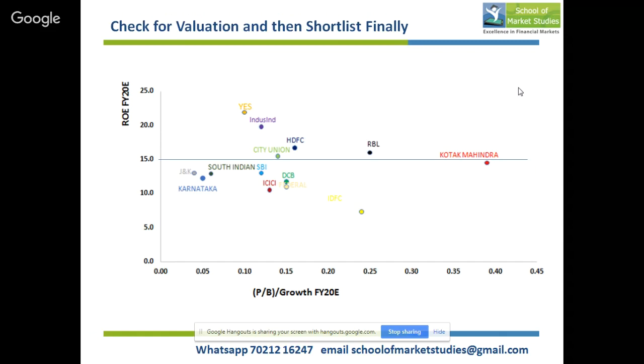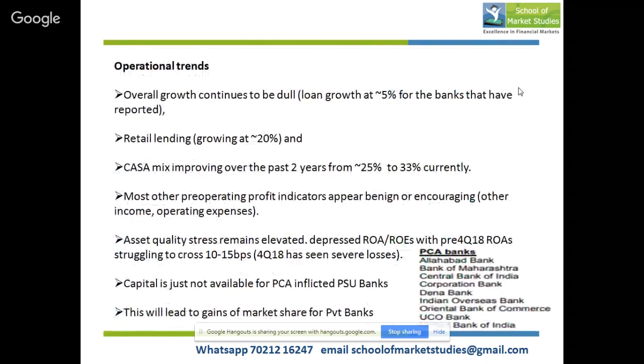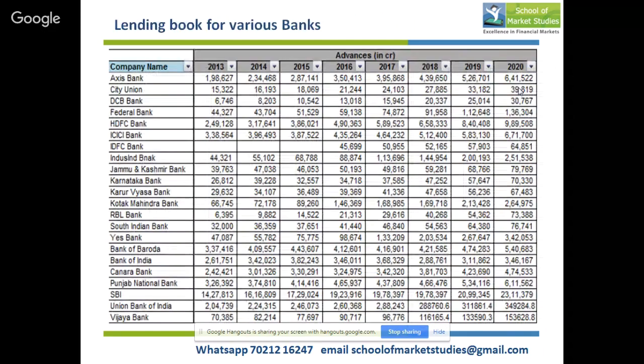So let's step back and just reiterate the steps that we took. Number one, we apprised ourselves of the current situation, and banks which were under PCA were obviously eliminated out of our list. Second is we tried to estimate what could be the growth of the Indian market, right?